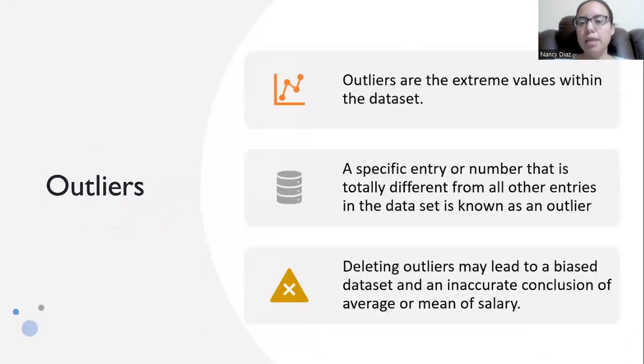Next, in the case study, they asked us about outliers. We learned that outliers are extreme values within the data set. Specifically, this means that when you have a data set, there are certain numbers that are extremely different from the smallest and largest.